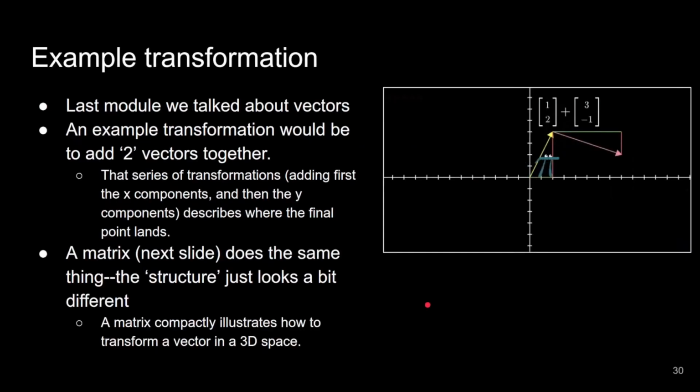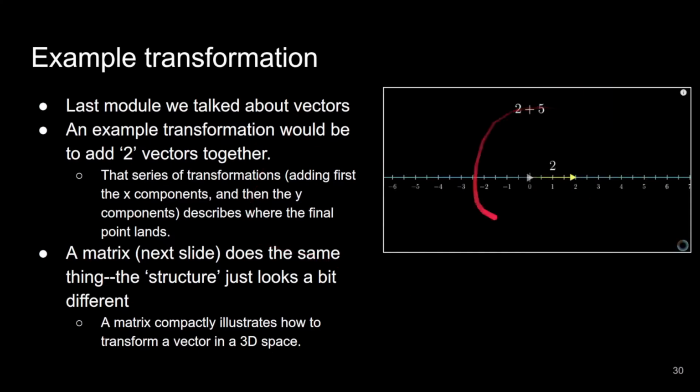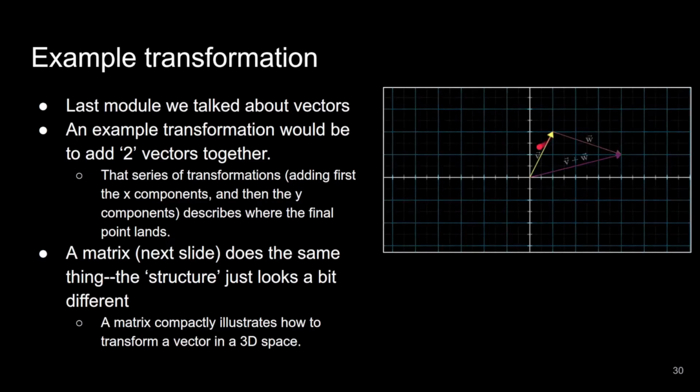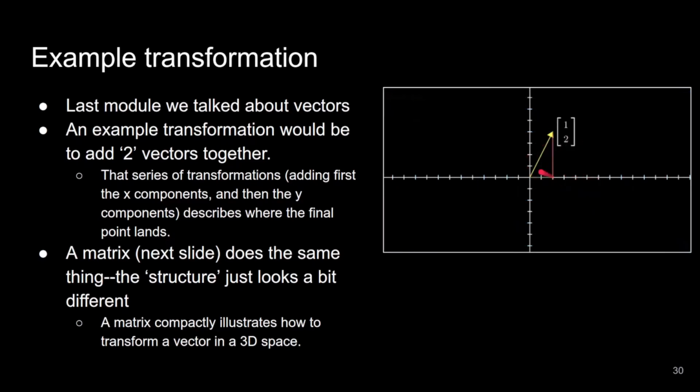Okay. So here's an example transformation. Again, we talked about moving around vectors, so I said this would show up again. An example transformation is adding two vectors together. First you could just think about it like a line, which they do nicely in that video. Here's the first vector. Here's the other vector. Then we're going to transform this point, right? We're just putting it at the tail and then following the head.